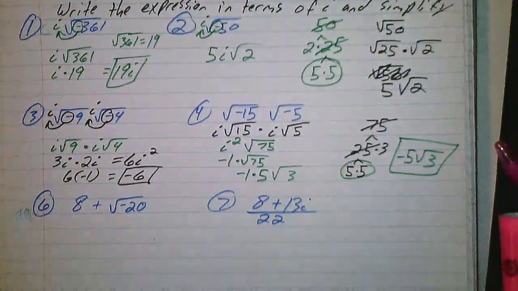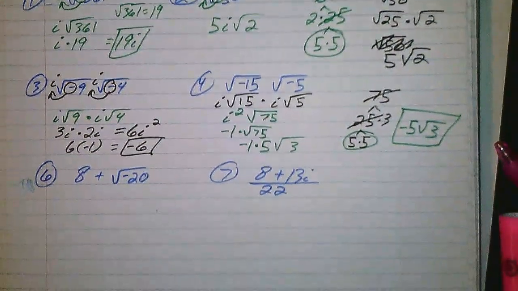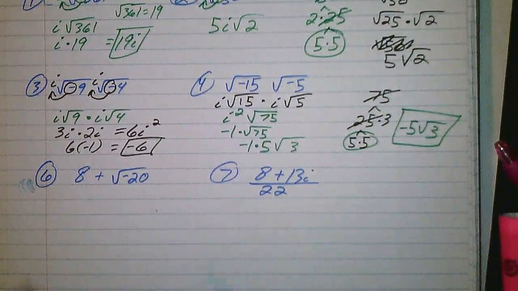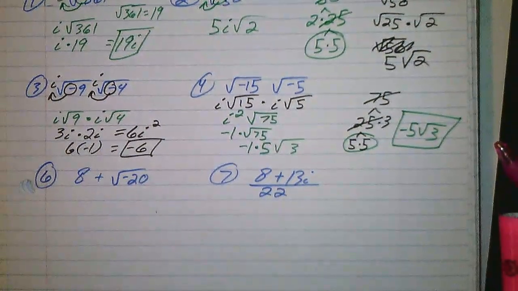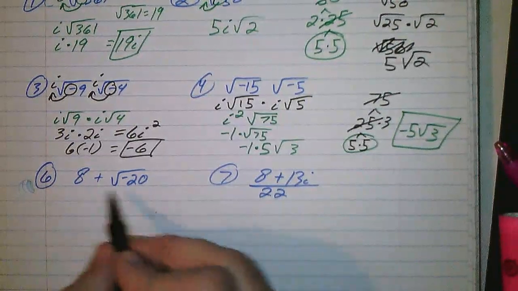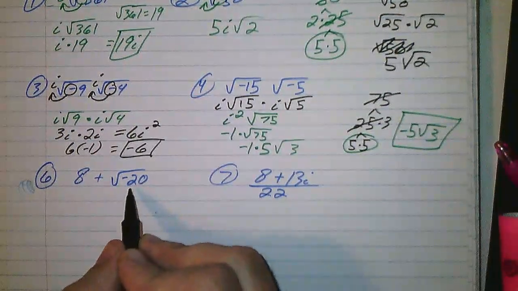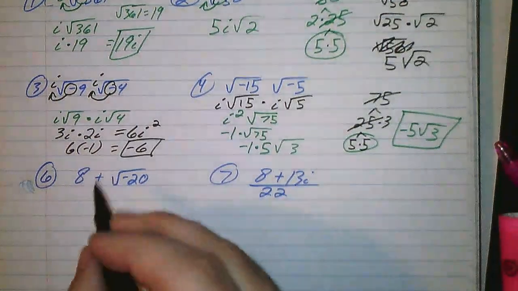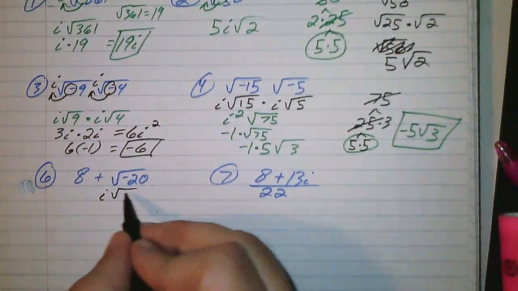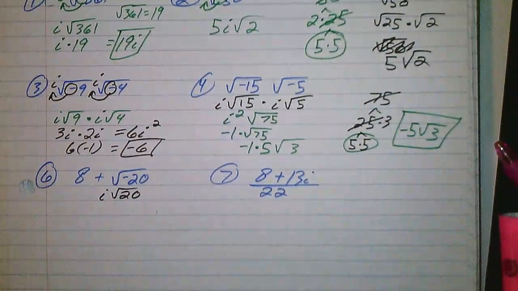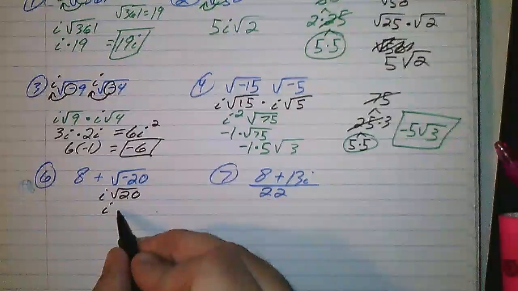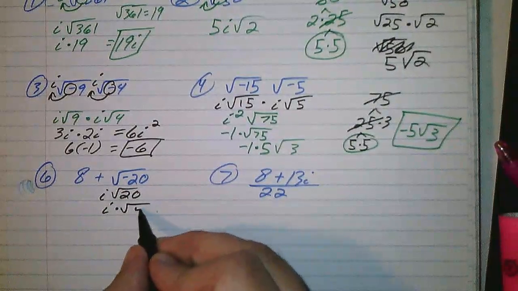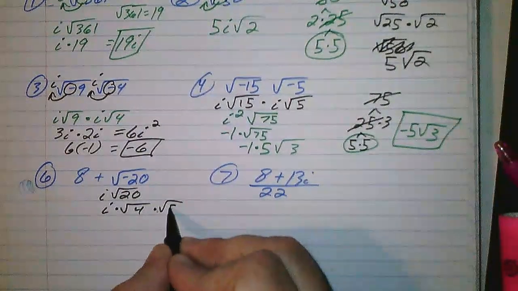Two more problems in this section. Number 6 is a kind of an interesting one. Students will probably think they need to do too much on it. We can simplify the square root of negative 20. We know that it's i root 20. And then you could factor tree this, or maybe you think about it like this. The square root of 4 times the square root of 5.